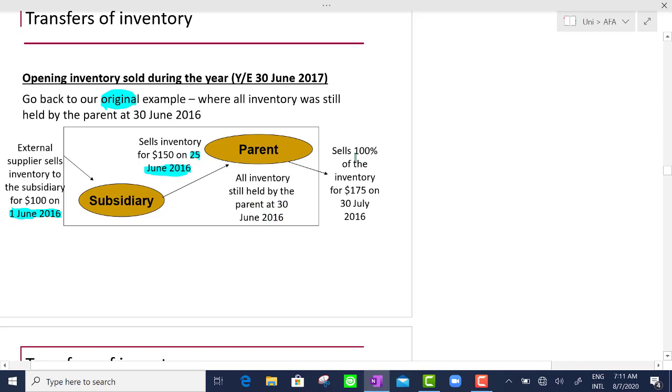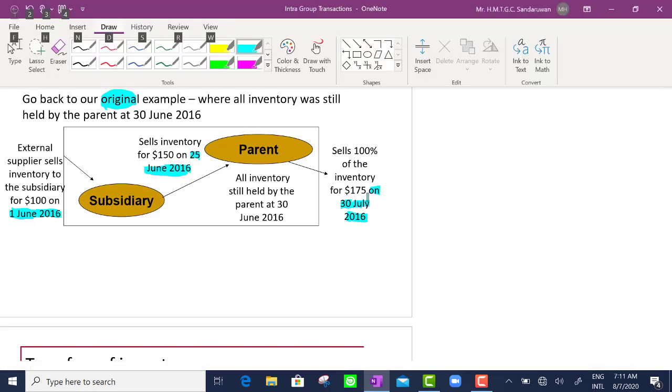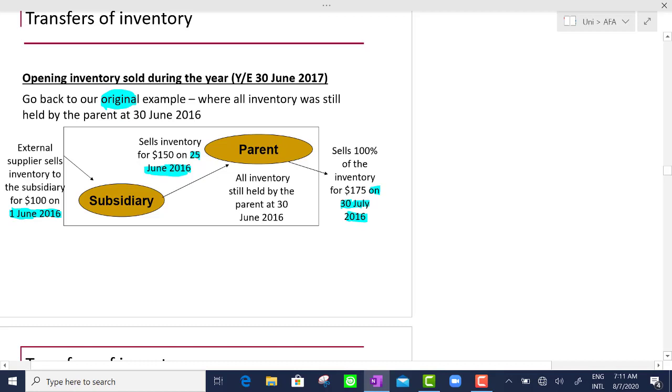Then we discussed 100% sales on 30th July 2016. Of course, we did today 40% sales on 30th July 2016.